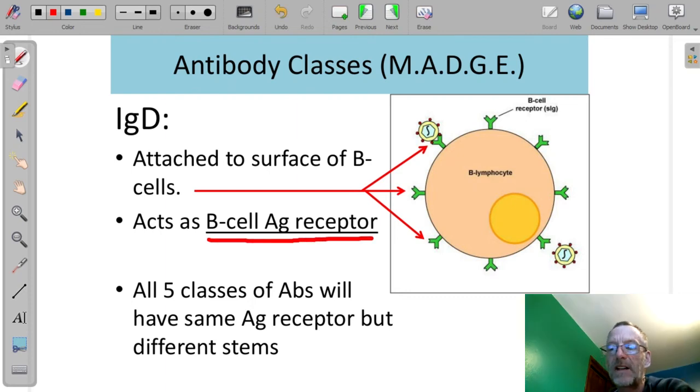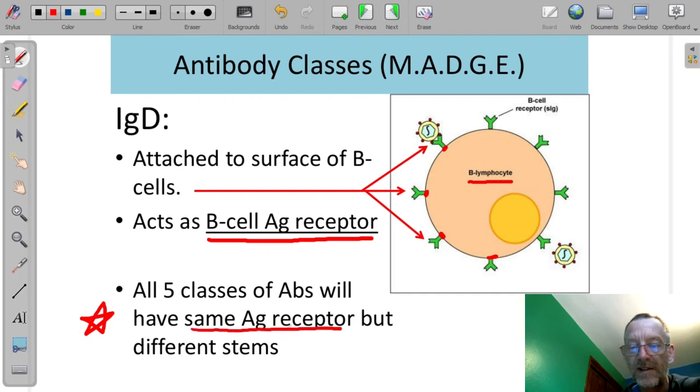The antibodies that are essentially made in the B cell don't get released into the plasma, they stay attached at the surface. So those are the IgDs. Again, a note to remember that all 5 classes of antibodies have the same antigen receptor, but different stems.